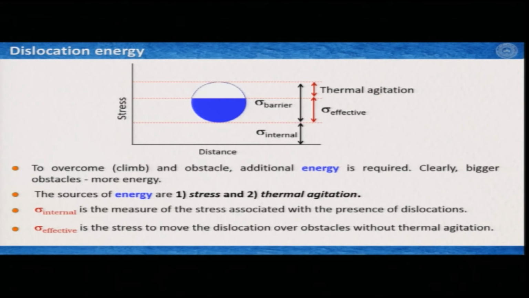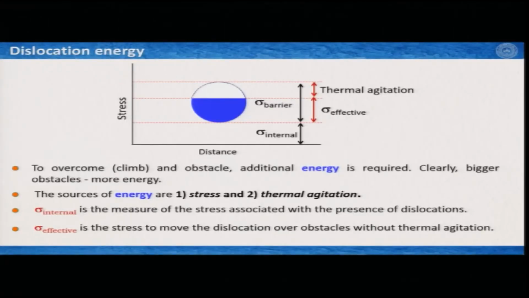We know that inside a crystal, if we have a dislocation or multiple dislocations, that means dislocation density is there with some values. For the individual dislocations, if you remember, the nearby bonds are either stretched or compressed. Therefore, we have some sort of internal energy within the crystal. This is known as sigma internal.